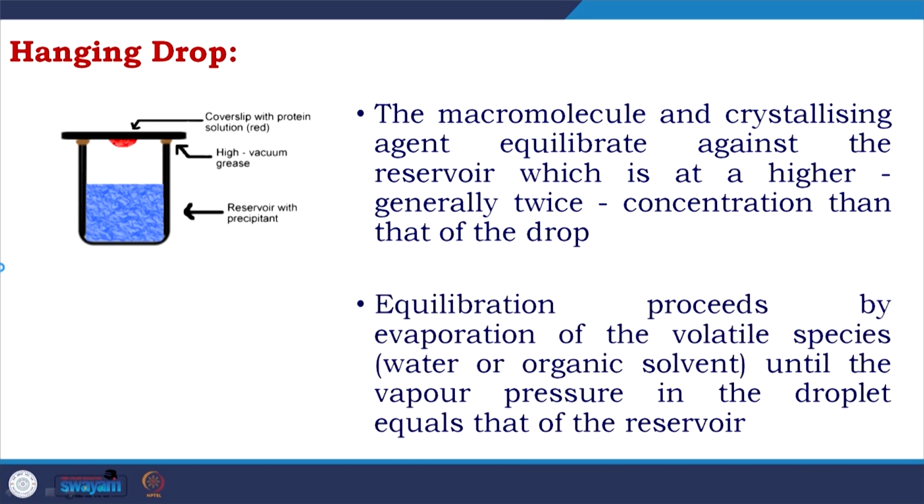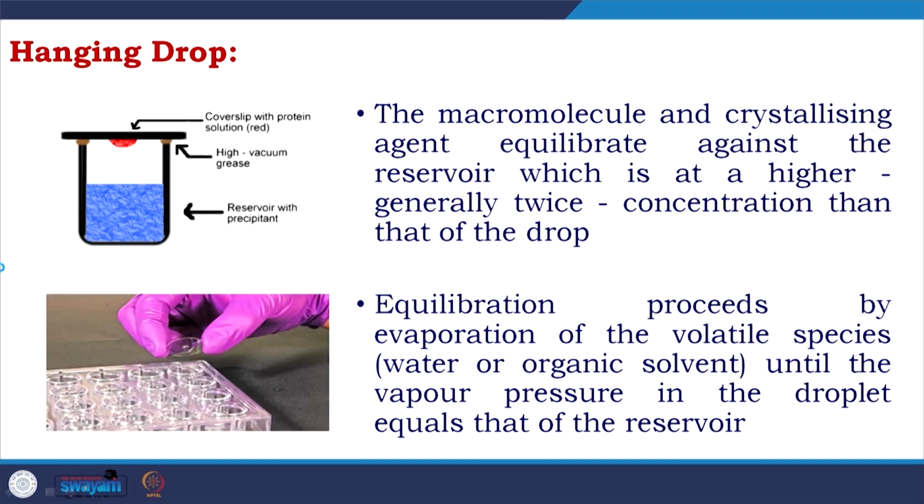Equilibration proceeds by evaporation of the volatile species, water or organic solvent, until the vapor pressure in the droplet equals that of the reservoir. So, this is the way you set it up. It is a thermodynamically closed system.